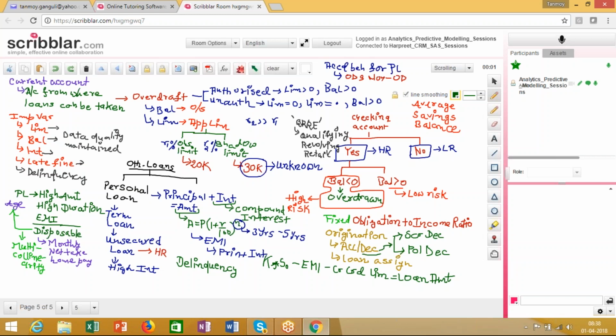One such variable is, say, the percentage of delinquency events in the last 12 months. So in the last 12 months, what percentage of time has the borrower been delinquent?